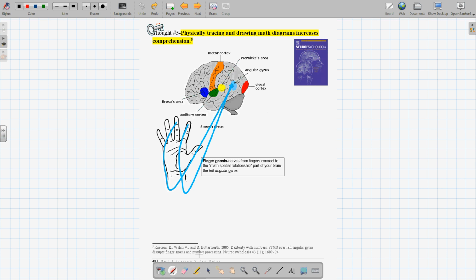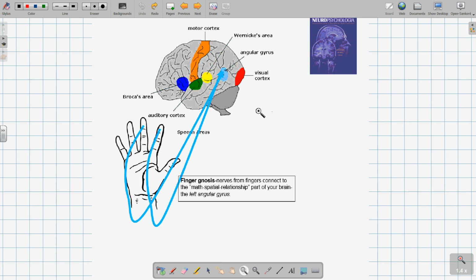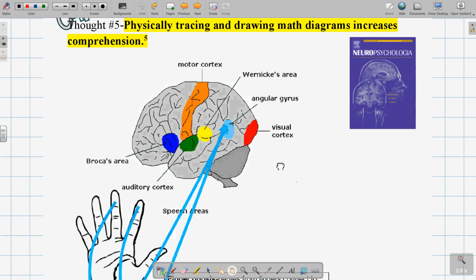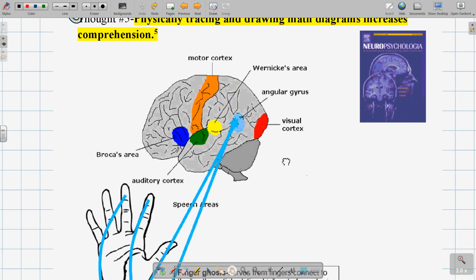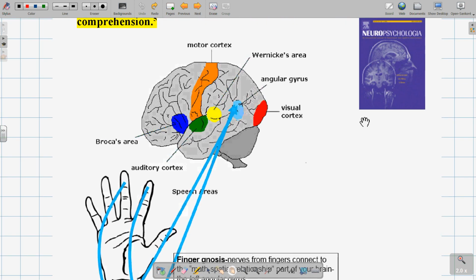There is actually a place in your brain that processes visual mathematical information. Okay, I already introduced you. Physically tracing and drawing math diagrams increases comprehension. This is from Neuropsychologia, the actual article's down below.